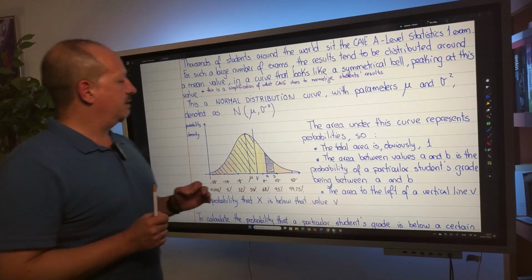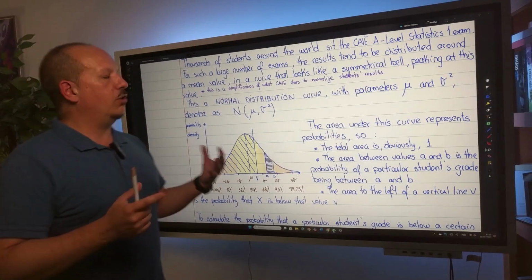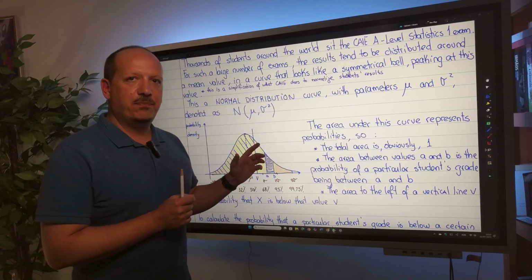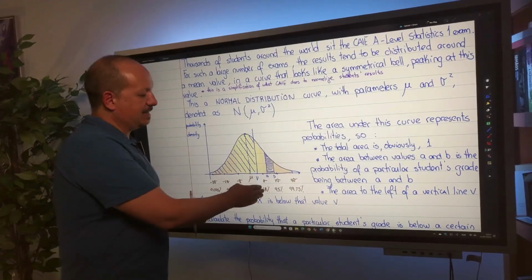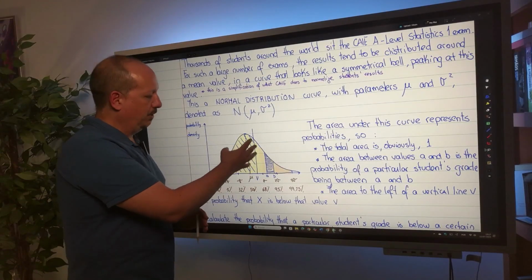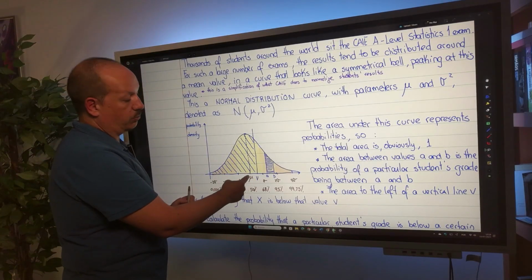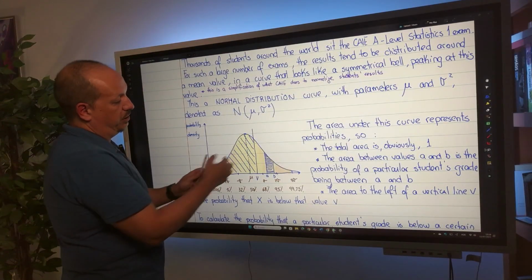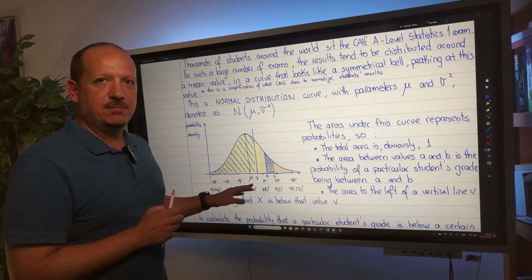And the interesting thing about the normal distribution is that no matter what situation you are studying, it always looks the same, in a sense that whatever the mean is, you will have 68% of the population in this sample to the left of one standard deviation away to the right of the mean, okay? Means that this area over here, from this point to the left, is always around 68%.